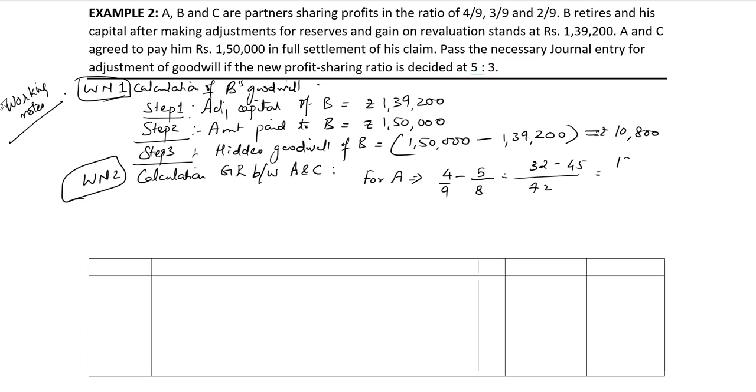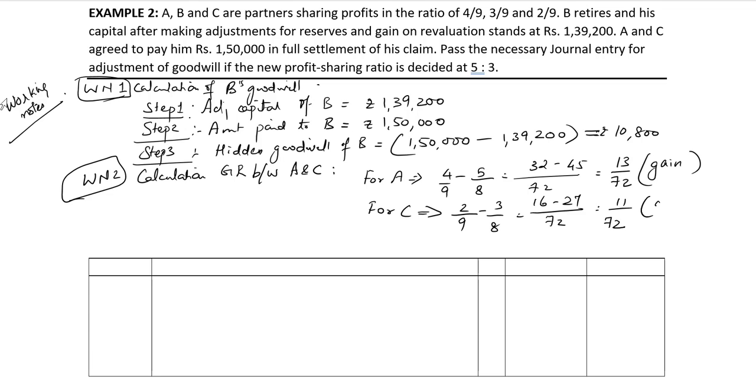We have negative 13/72 as gain of partner A, and for partner C, old share 2/9 minus new share 3/8. We have 11/72 as gain of partner C. So we can infer that the gaining ratio between A and C is equal to 13:11. So let's go ahead with the solution.